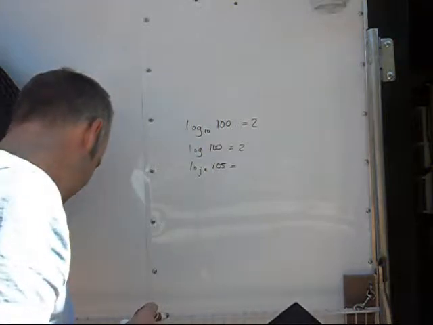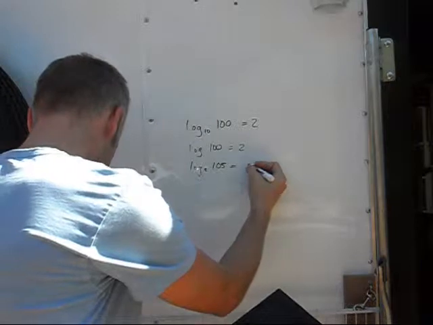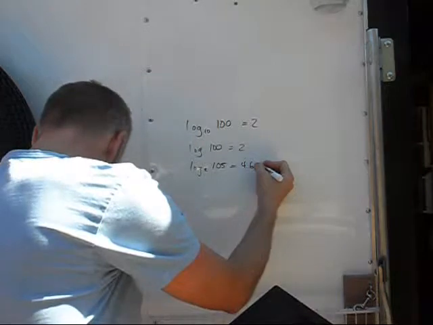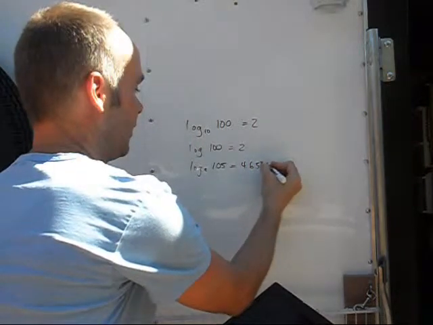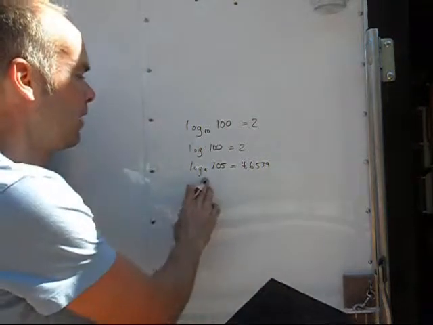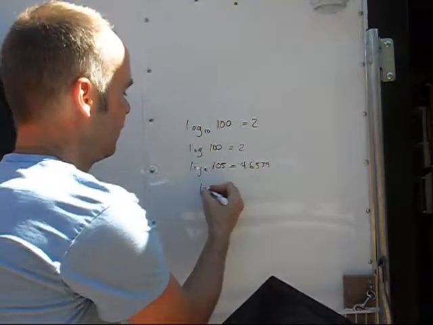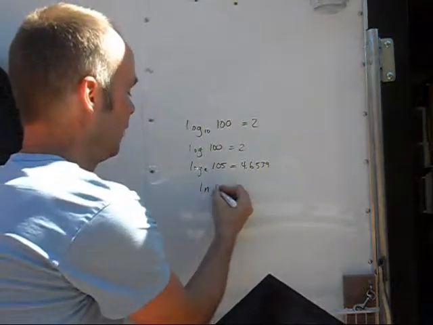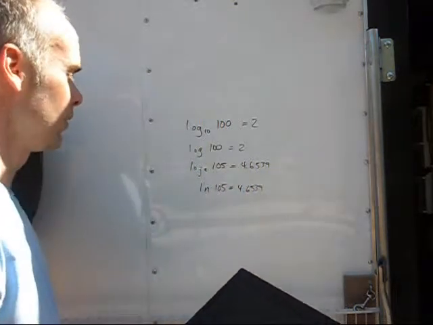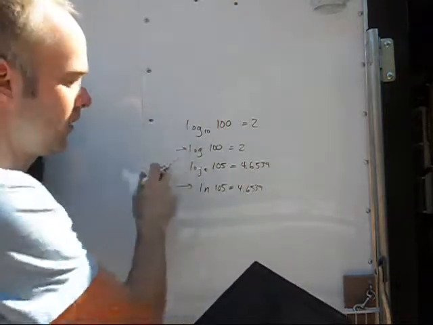Because I can't come up with that in my head, I look at the book here, and they use the natural log button on their calculator, and they get 4.6539, and it continues on. You might see it written this way: log base e of 105 is 4.6, or you might just see natural log, which is ln 105, equal to 4.6539. So a couple different ways. This is probably the more common, but you might see it written the other way as well.